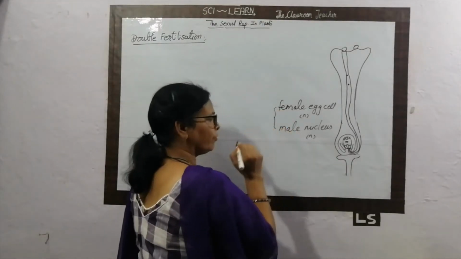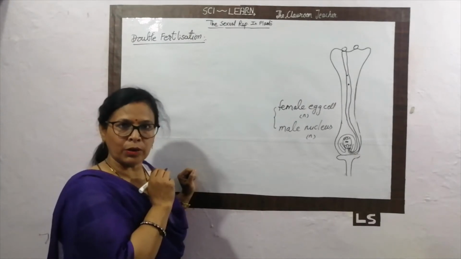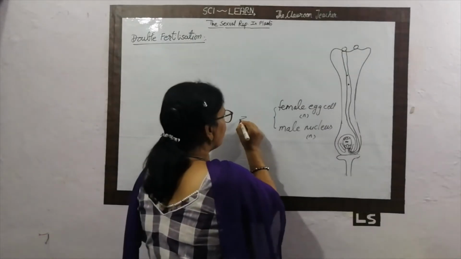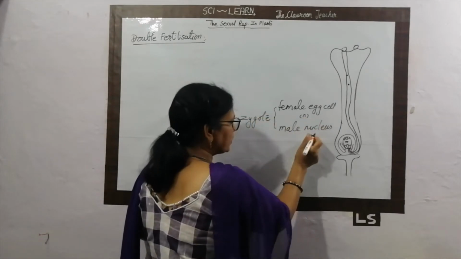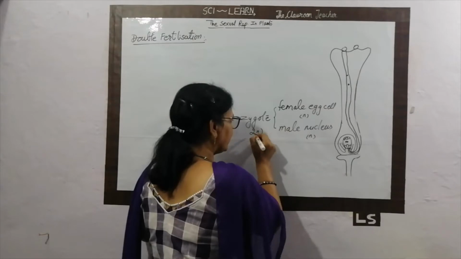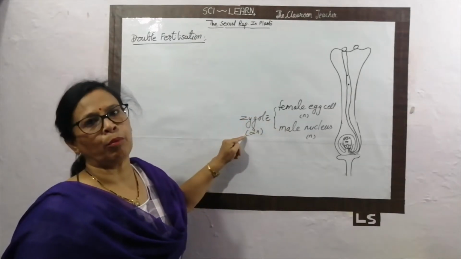When the male and female gametes combine together, what happens? They form a zygote. What about the zygote? N plus N. It is diploid in nature. These two are haploid in nature, and this is diploid in nature.